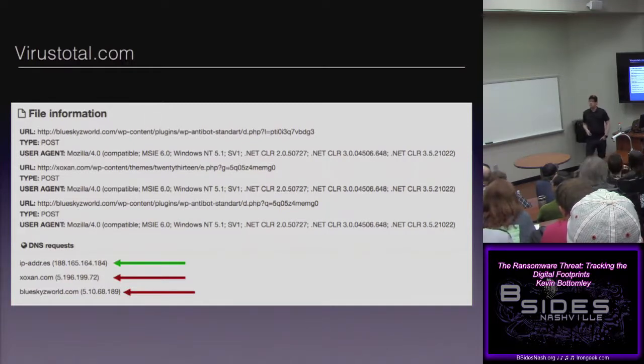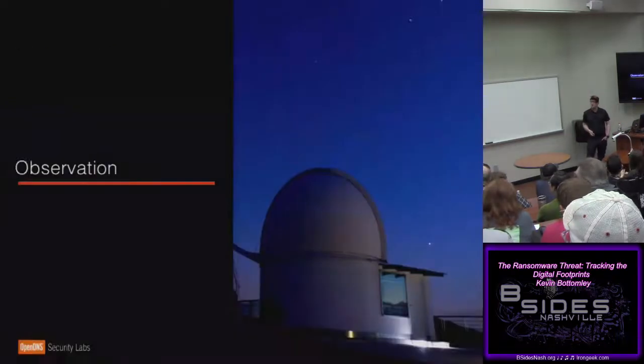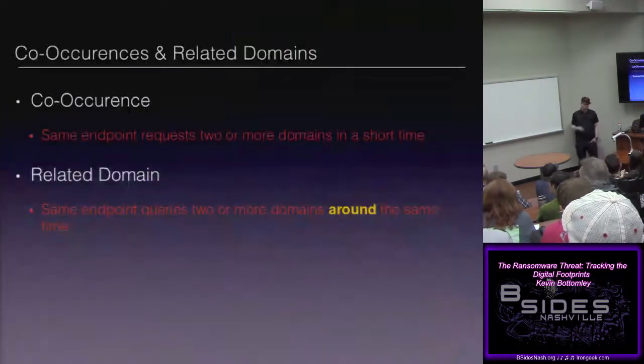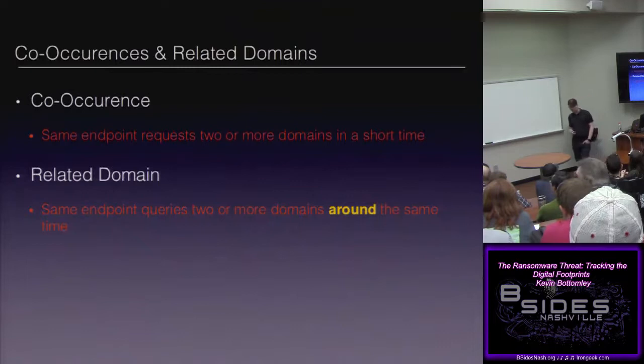All of this works, but it's still a really slow and tedious process, and very manual. So it wasn't really efficient for real time. So eventually, in the DNS world, we can pair domains together using a couple of terms. One is co-occurrence and the other is related domain.